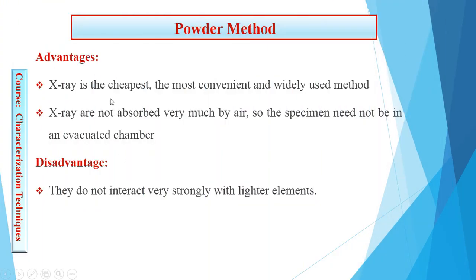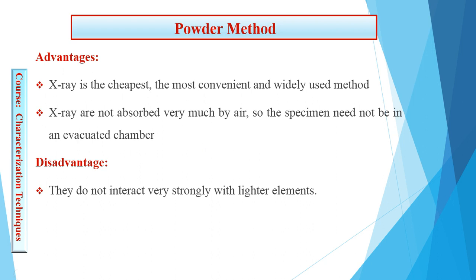There are many parameters which we can extract from the XRD machine. There are some advantages. X-ray is the cheapest, the most convenient and widely used method for the investigation of crystal structure. X-rays are not absorbed very much by the air, so the specimen need not be in an evacuated chamber.